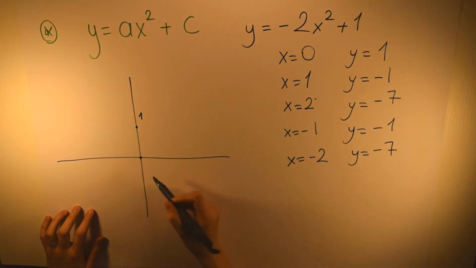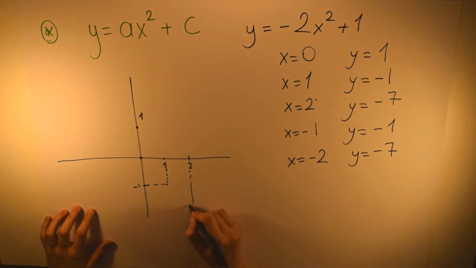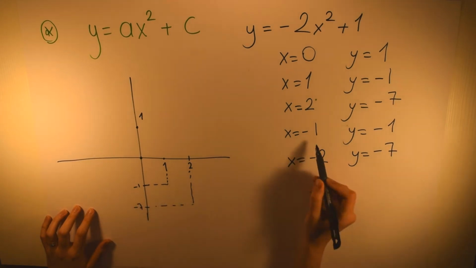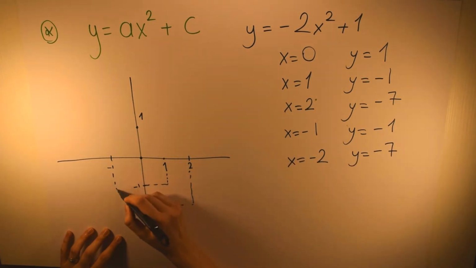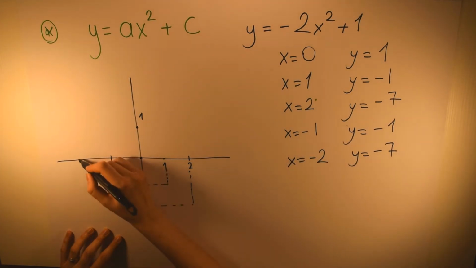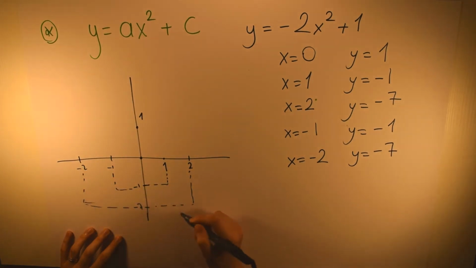Okay, so when x is equal to 1, let's say here your y is equal to minus 1. Here minus 1. When x is equal to 2, y is equal to minus 7, somewhere here. And when x is equal to minus 1, y is equal to minus 1. And when x is equal to minus 2, y is equal to minus 7.